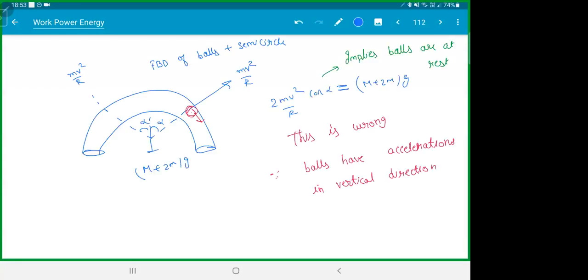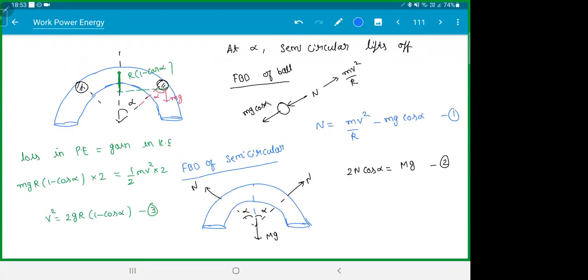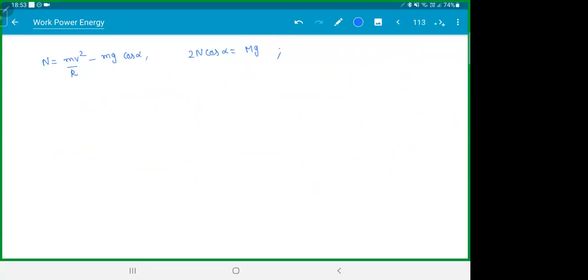So let me write the equations down. N is mv square by r minus mg cos alpha. 2N cos alpha is capital Mg. v square is 2gr(1 minus cos alpha).